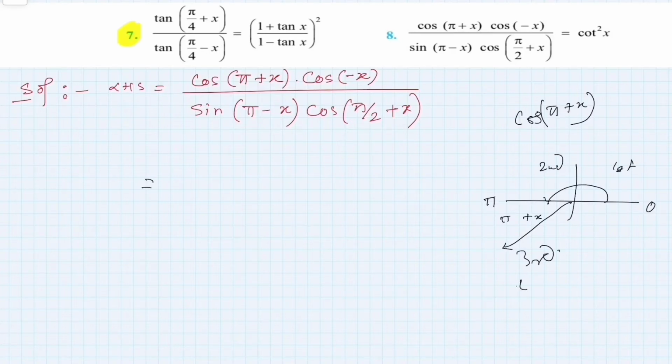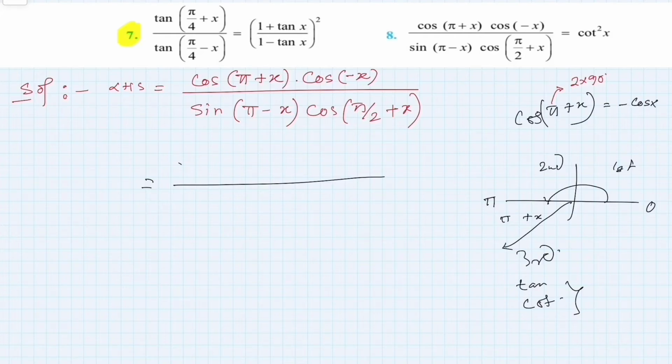In the third quadrant, tan and cot are positive only. Other than these two ratios, other ratios are negative. And one more thing, pi is an even multiple of 90, 2 into 90. So cos(pi + x) must be minus cos x.